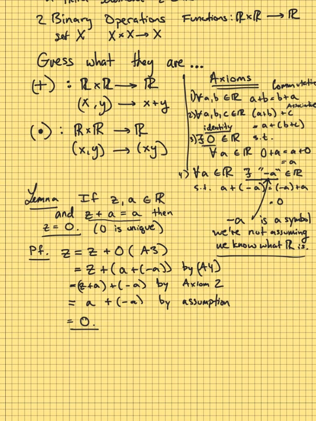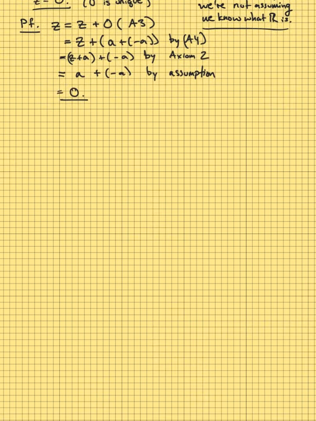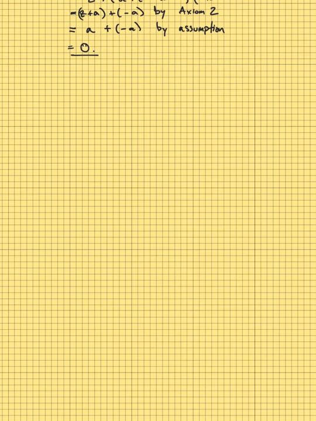So maybe I'll do the multiplication axioms as well. Sorry. Let's see. So multiplication is going to have similar ones. Maybe I'll call these M1, M2, M3, and M4. Okay, so they're very similar, so it's also commutative.